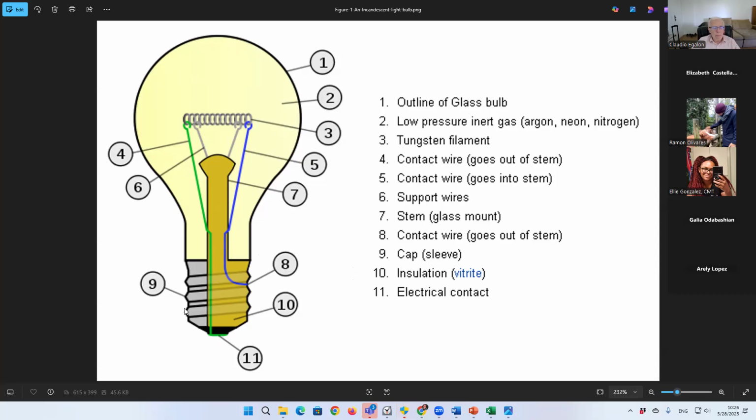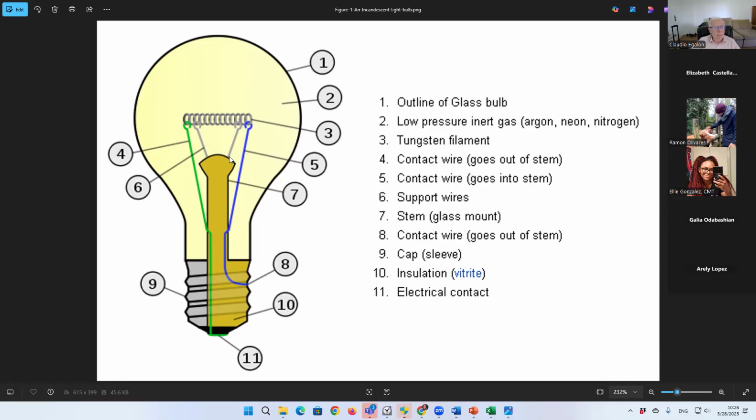So we do have a dielectric device separating this metal from this other metal. So we insulate this lead of the wire from this other lead. These other wires that you see here are nothing but support wires.